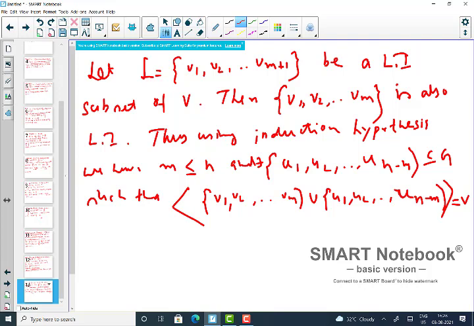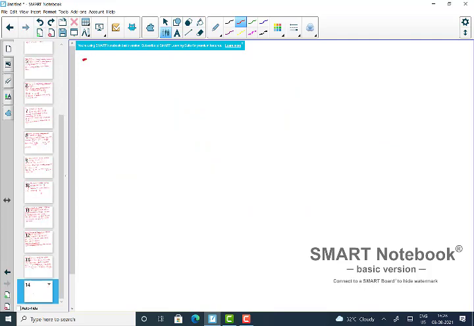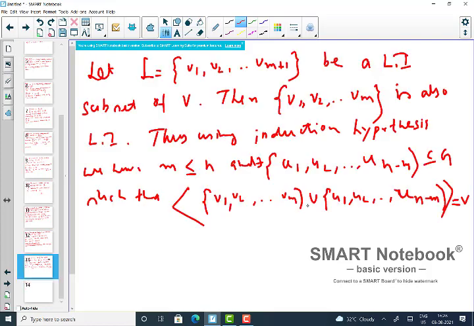So what does that mean? If this generates v, then it also generates that element vm plus 1, right? This is also an element of the vector space v. Thus vm plus 1 can be written as some linear combination of these vectors v1 to vm and u1 to u n minus m.